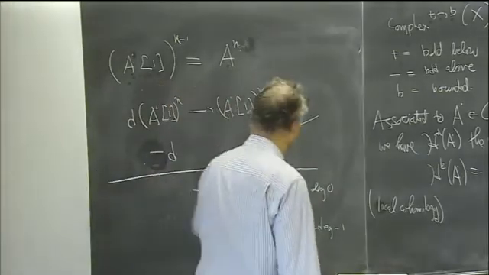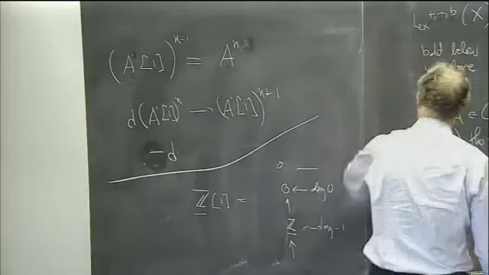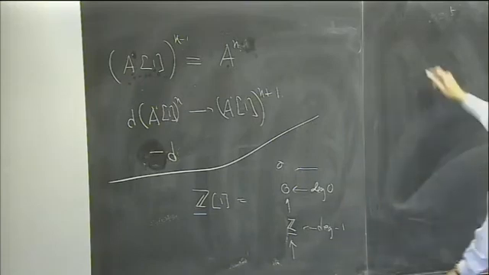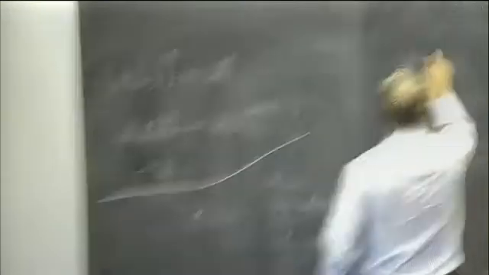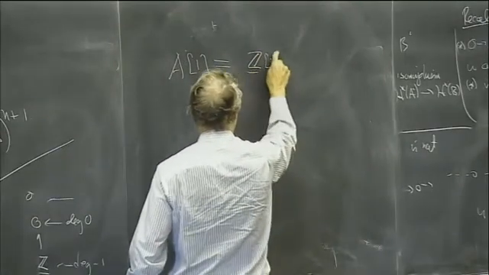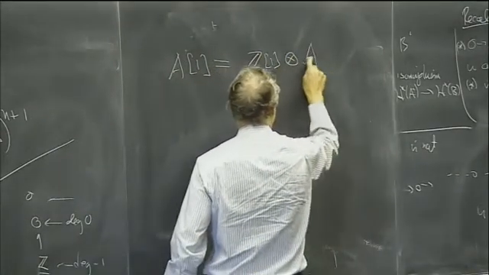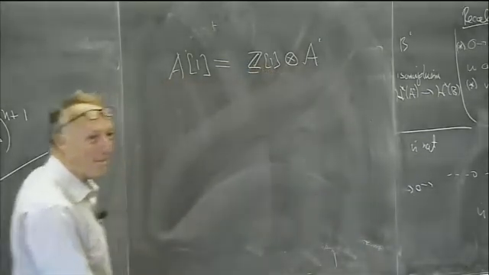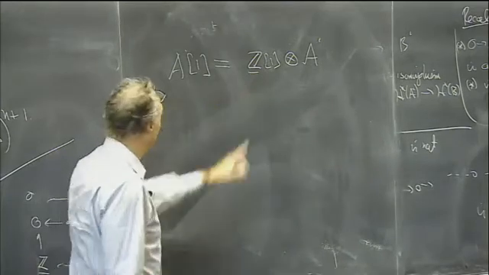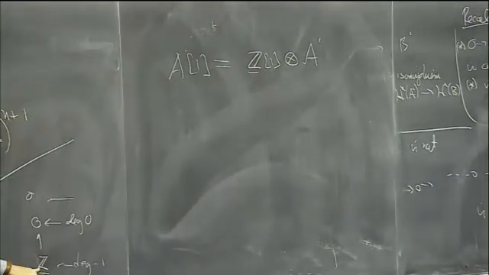Now, why the minus sign? Well, that's because this symbol 1 is actually a right action of something. So A[1] is naturally Z[1] tensor A, because Z[1] is simply a copy of this free thing Z shifted down 1.